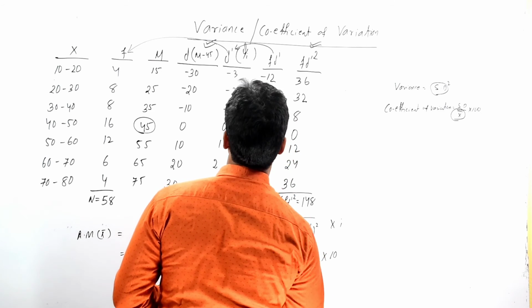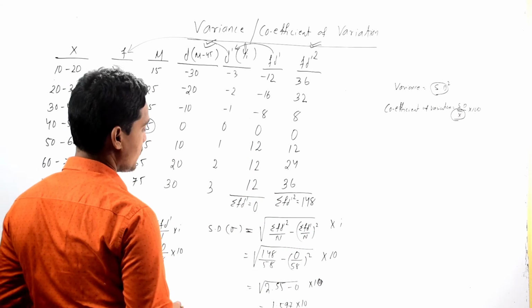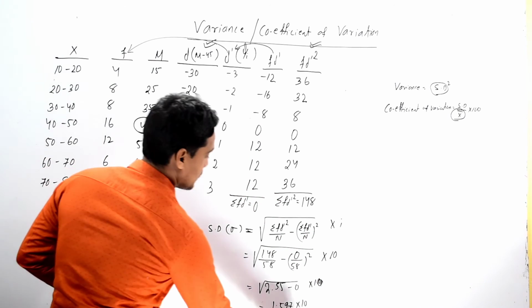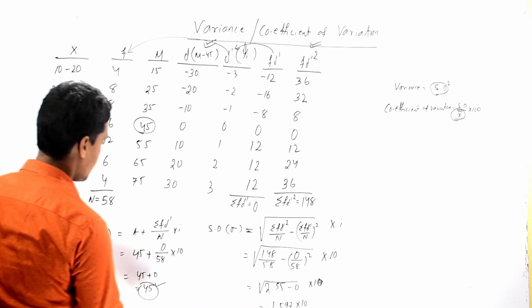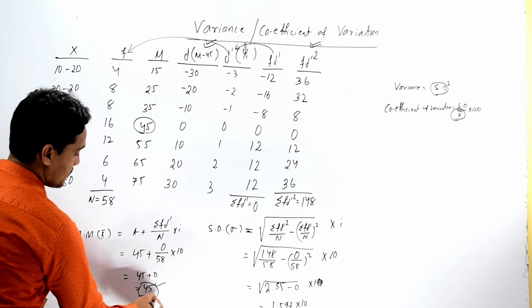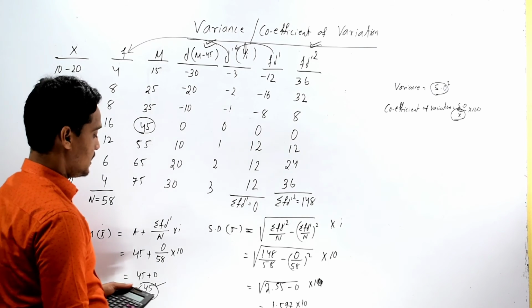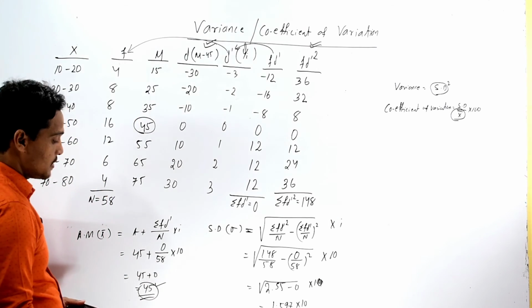So the standard deviation of the given series is 15.97, and the arithmetic mean of the given series or distribution is 45.